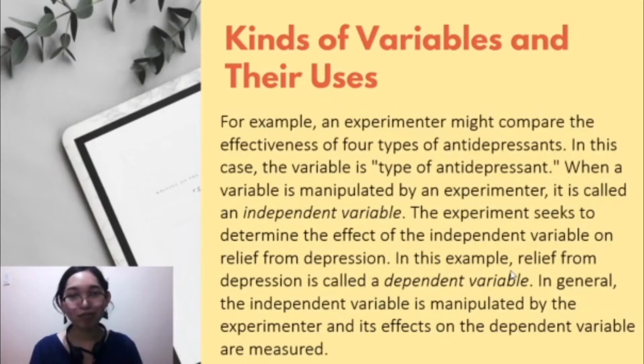In this example, relief from depression is called a dependent variable. Okay, so we have 2 variables in here now. First variable is the type of antidepressant, which is our independent variable. And then our next variable is the relief from depression, which is our dependent variable.